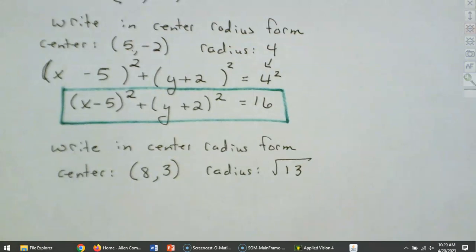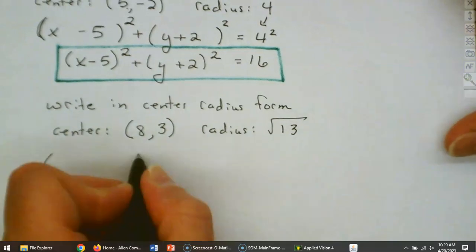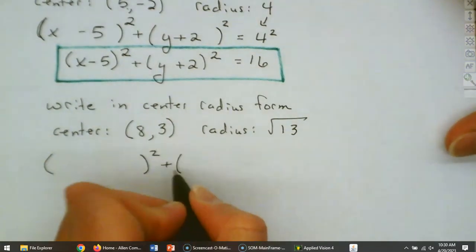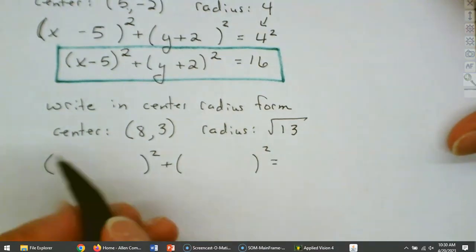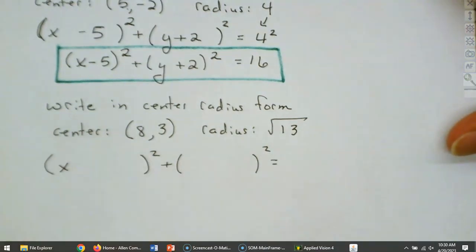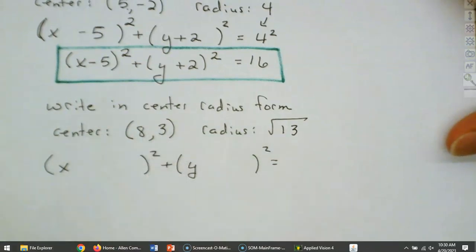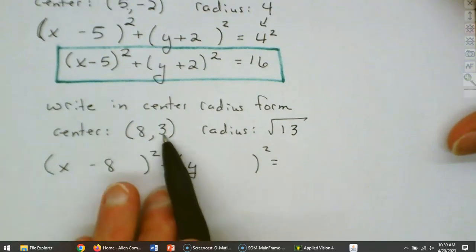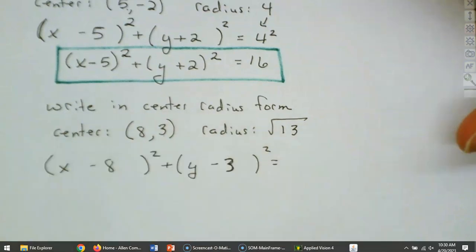Not much to do with these, but you will see them in college algebra quite a bit. The important thing to remember is we switch our signs. So we do x first and y. So that's going to be an 8. We switch it. So that's going to be x minus 8. The 3, we switch it. It's a positive 3. So it comes down as a negative 3.